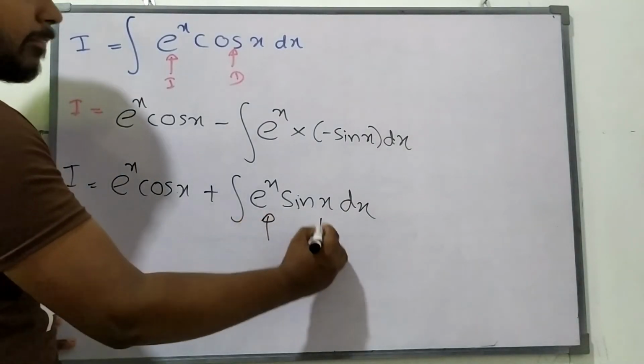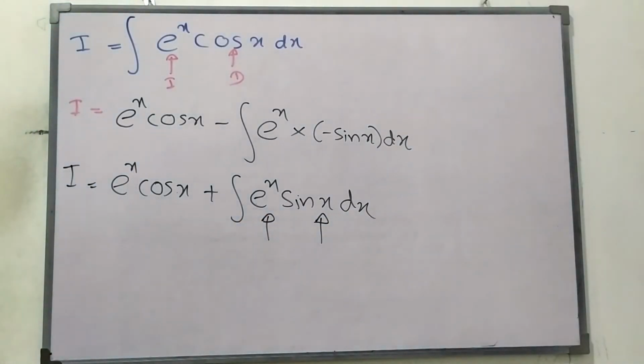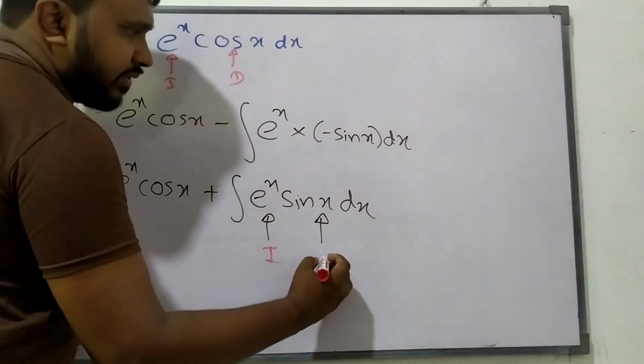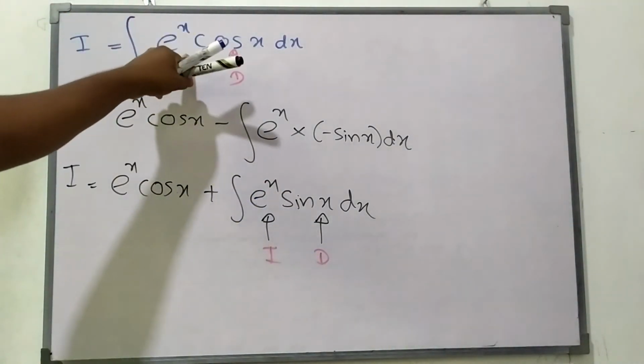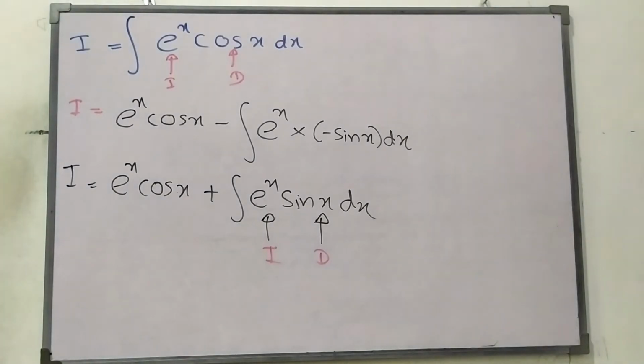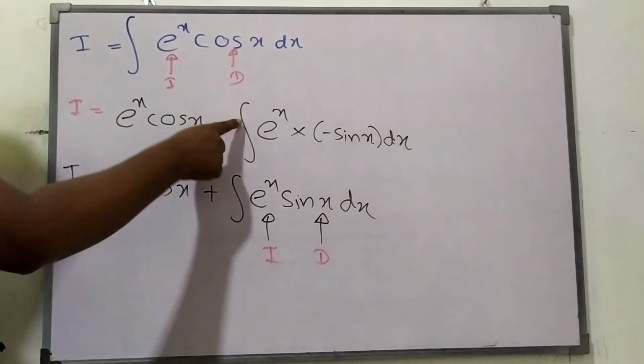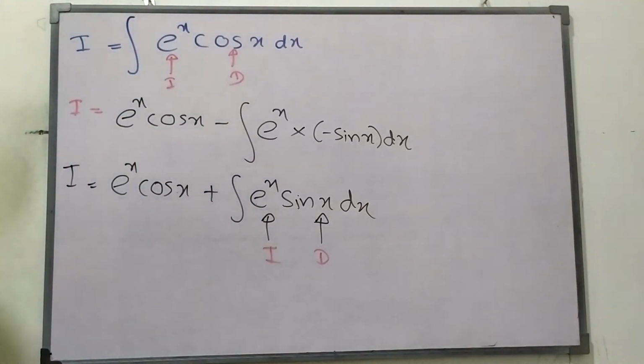So over here, again, I'm selecting e to the x as integration and the other as differentiation. But don't change it, right? Because again you will get the first result. If you change it, you get the same answer. So always follow the same function as the integration function.